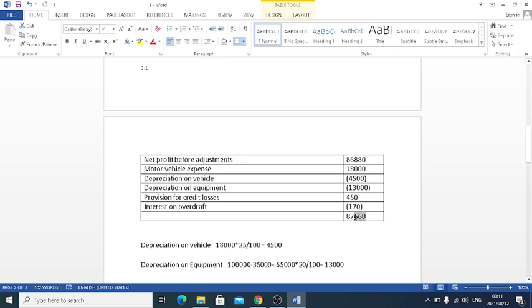Then here is our net profit for the year.